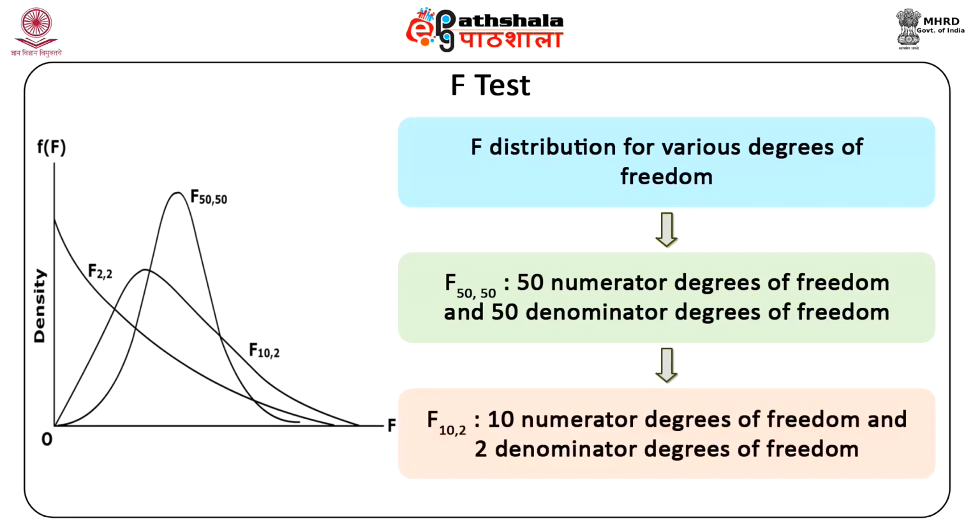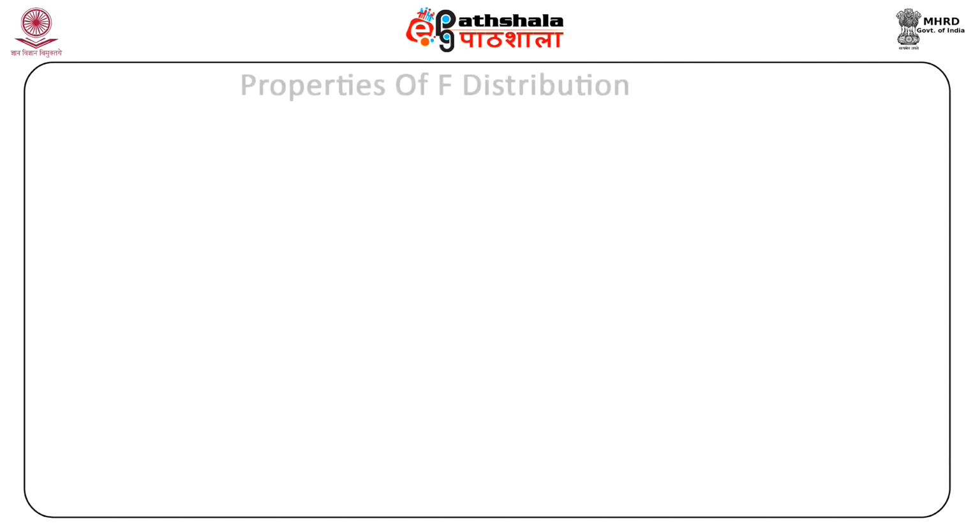Similarly, F 10,2 represents the F distribution with 10 numerator degrees of freedom and 2 denominator degrees of freedom. Moving to the properties of the F distribution, it has the following properties.